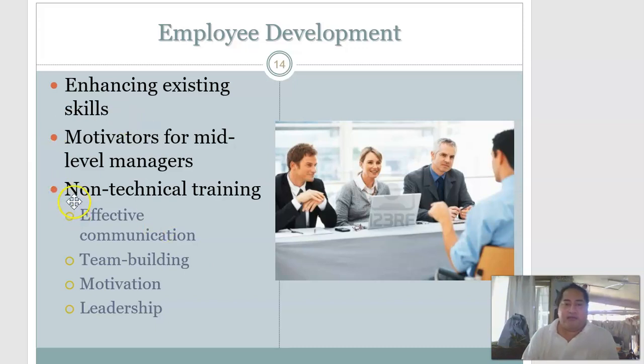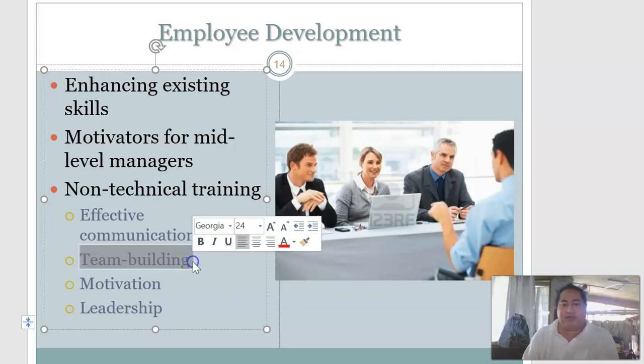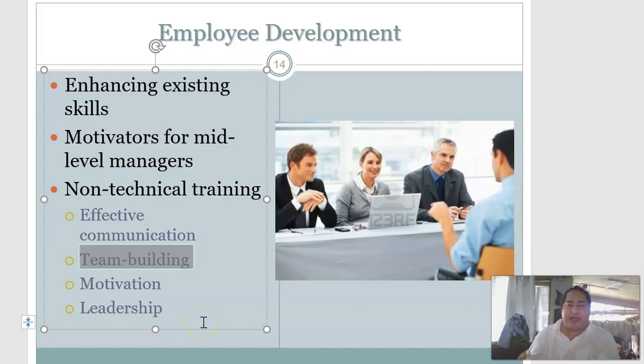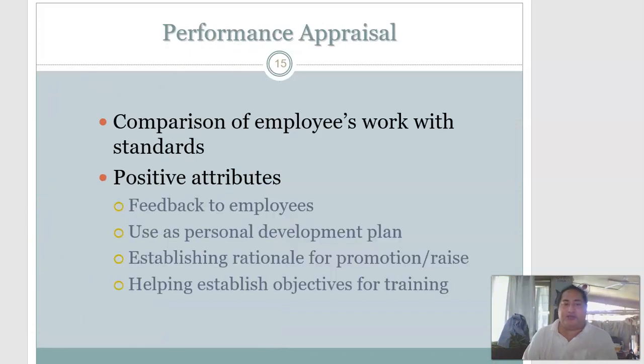And then you do on-the-job or maybe off-the-job training, where you learn non-technical training, which is generic: effective communication, team building, which we do also in class, motivation, and leadership. All these skills you develop as you work from time to time. Some employees may take long, some may take a short period of time. But it's very important that you develop them now as you are in university.